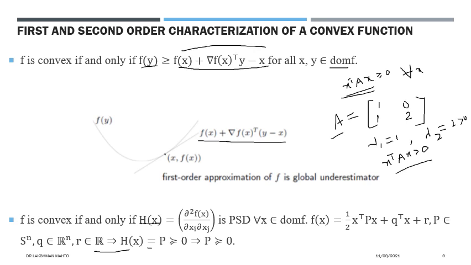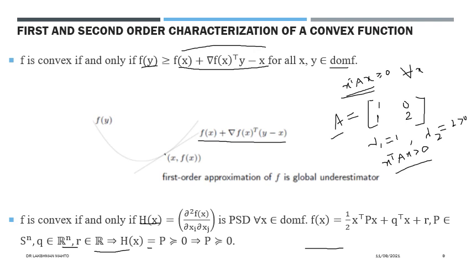So we are asking what would be the convexity of this function. In order to explain the convexity of this function, we have to find the Hessian. It is a simple quadratic function. For the Hessian, find the twice derivative of this. The Hessian would be what? Equal to just the coefficient of this quadratic form, equal to P. So we can claim that this function is convex if and only if the corresponding coefficient matrix P of the quadratic term is positive semi-definite.